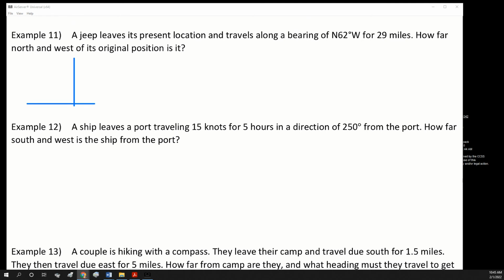We know this is pointing toward the northwest, so I would just draw an angle toward the northwest. From the north, you're going to rotate 62 degrees toward the west. So the angle here, when that touches north, is 62 degrees.